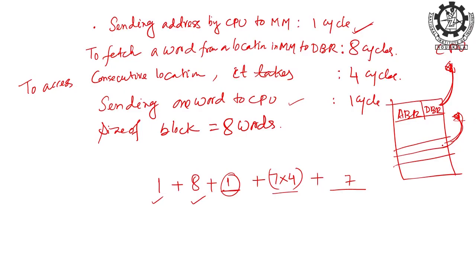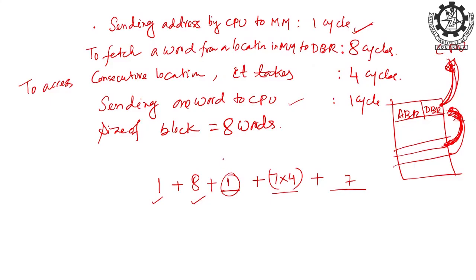Why? When the data is placed here, then memory is done. Now, it is the CPU's responsibility to take out the data. That work can go in parallel. So, while transferring data from this location to here, if data is available, it will be transferred in parallel. At the same time, it can work from here to CPU.